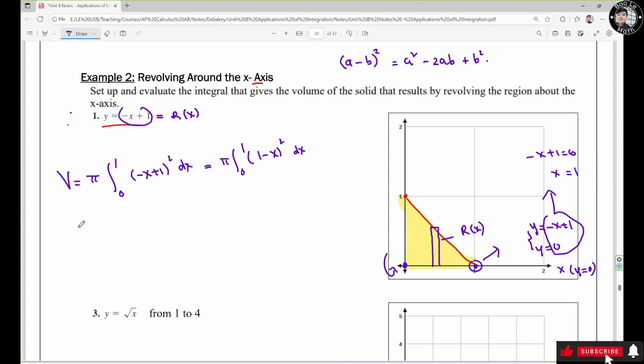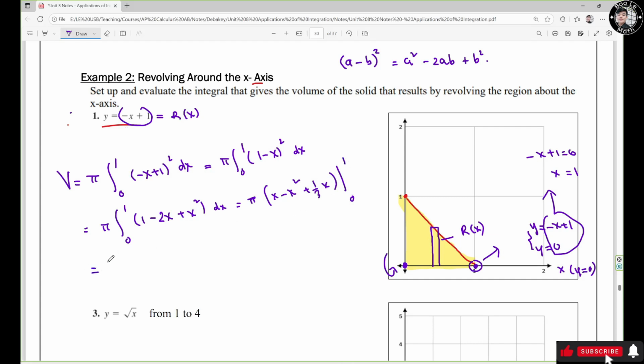So this turns out to be pi times the integral from 0 to 1 of 1 minus 2x plus x squared dx. Then I'm going to take the antiderivative of this. It's going to be x minus x squared plus one-third x cubed. Then I need to evaluate from 0 to 1.